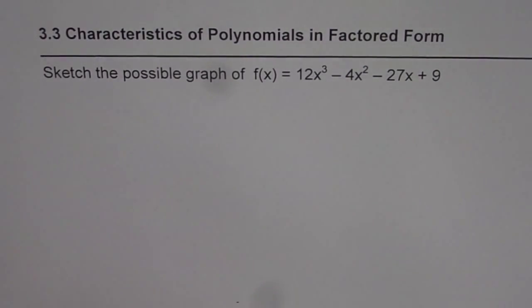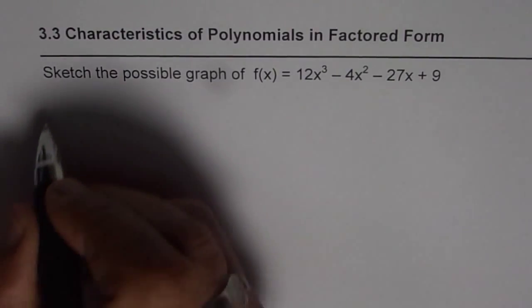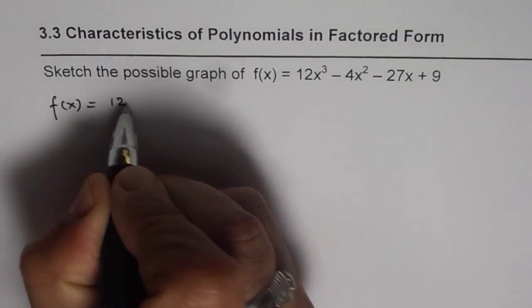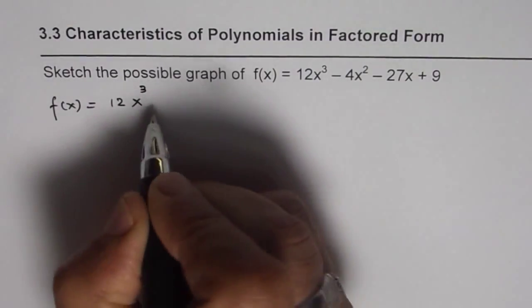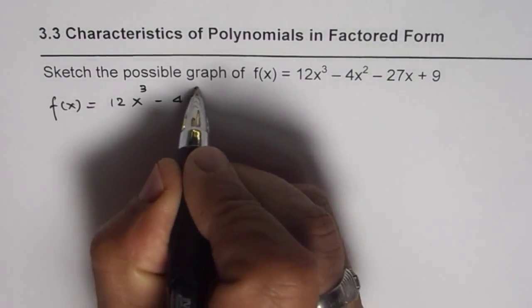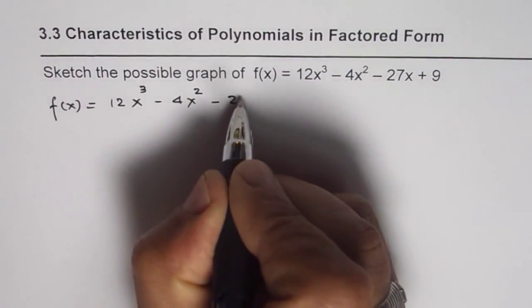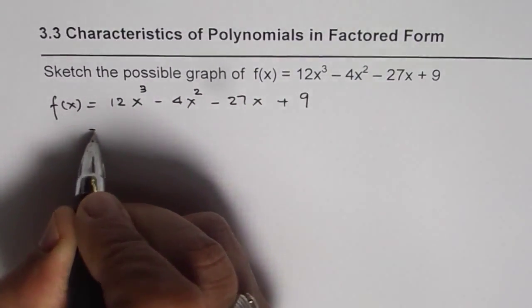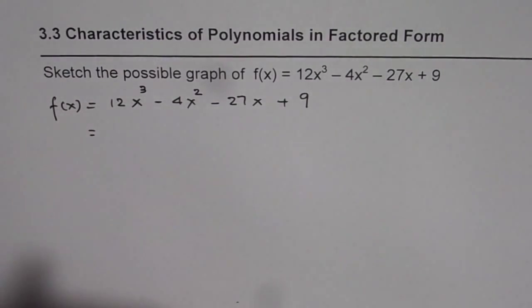Now to sketch it, we should first factor. So let us try to factor the function, which is 12x cubed minus 4x squared minus 27x plus 9. I have purposely taken an example which you can reorganize or regroup and factor.